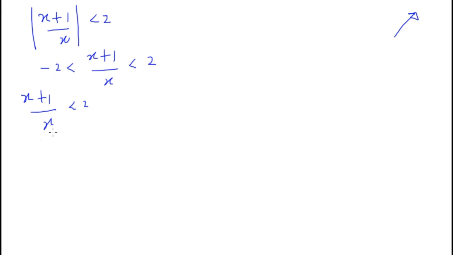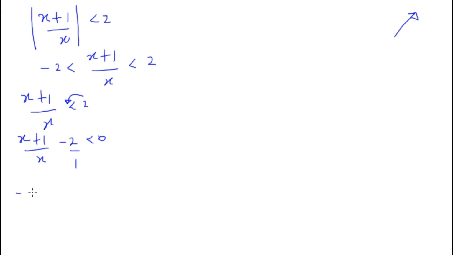So the first thing to do is to bring 2 to this side of the inequality. If I do that, I will have x plus 1 upon x, minus 2, and then less than 0. If you take 2 to this side of the inequality, it becomes negative.